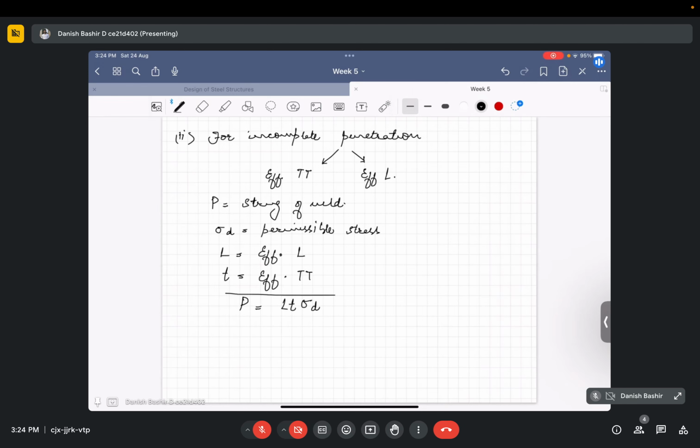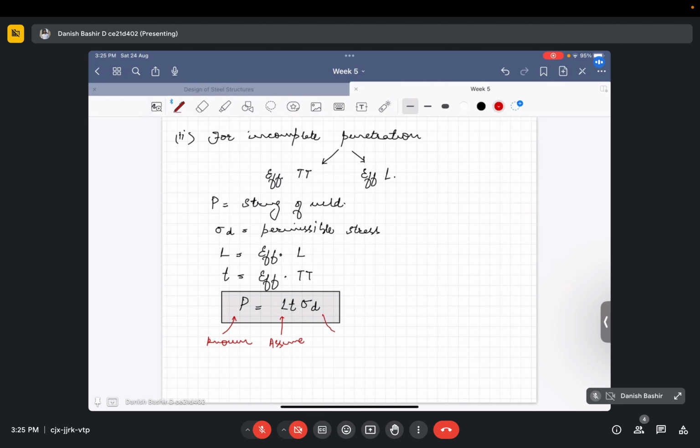So from this equation I can compute anything. For example, P is known, because I will already be told to transmit this amount of load. Then, either for throat thickness or the length of weld, I will assume one thing. Let me assume the length of weld.